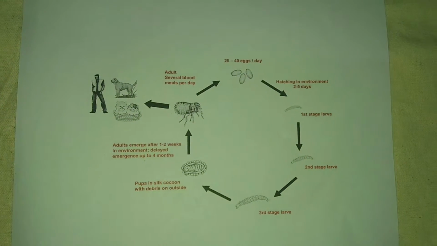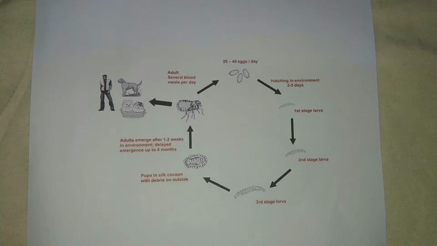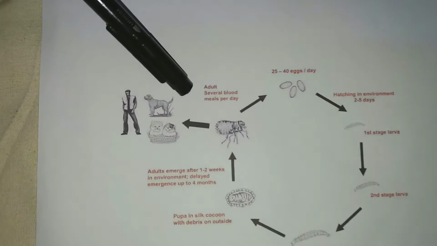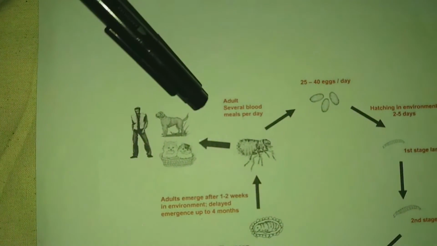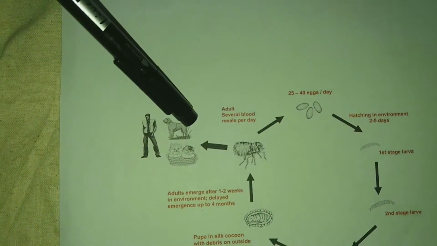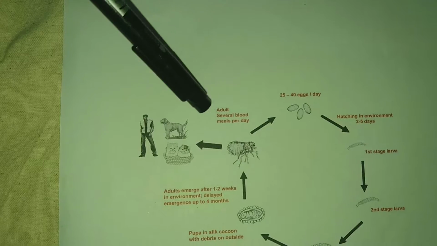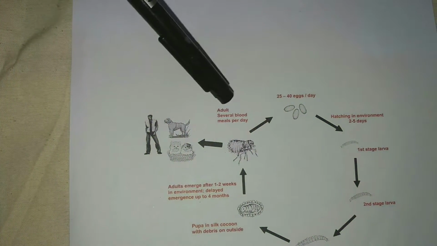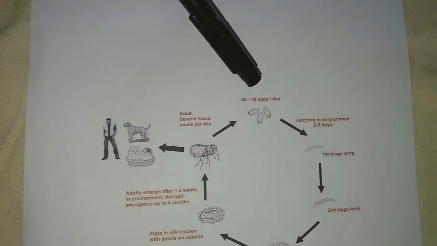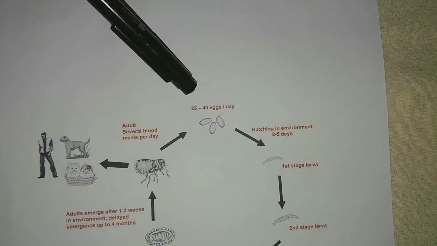So, now let's talk about the life cycle of fleas. First, they start off as adults, in which they have blood meals several times a day. Female fleas can lay up to 25 to 40 eggs per day.